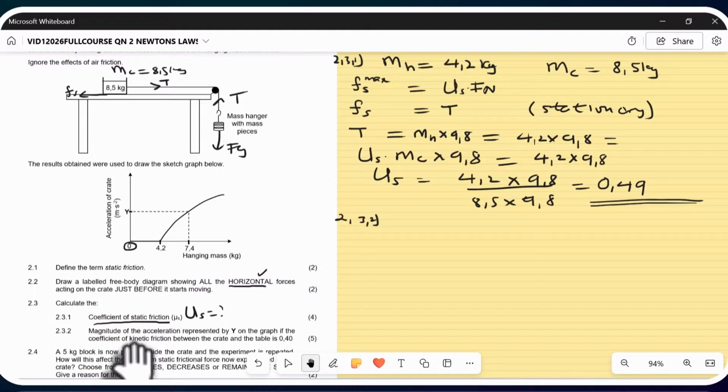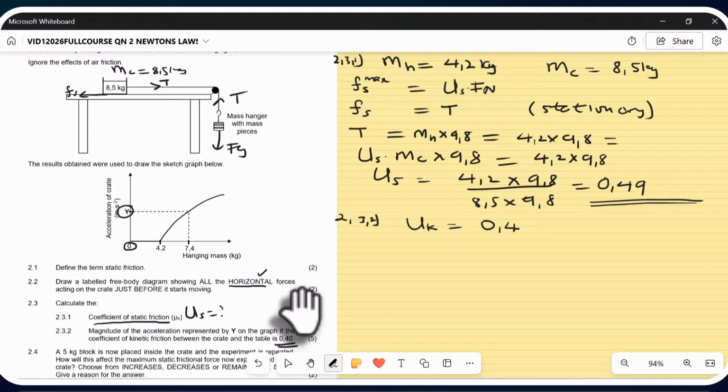So here I'm looking for this acceleration y, if the coefficient of kinetic friction is 0.4. Note that from our theory, the coefficient of kinetic friction is less than the static one, which is 0.49, so we must be correct.